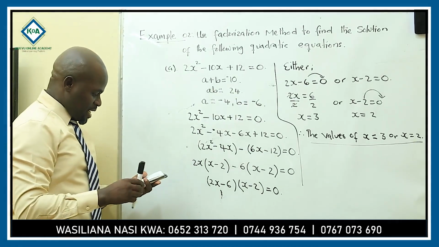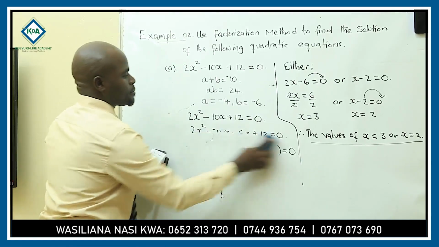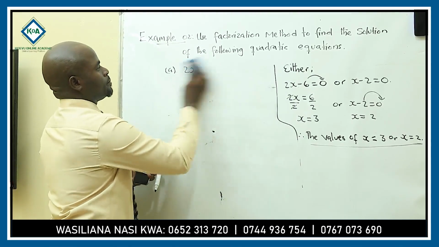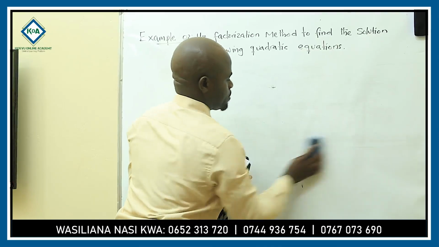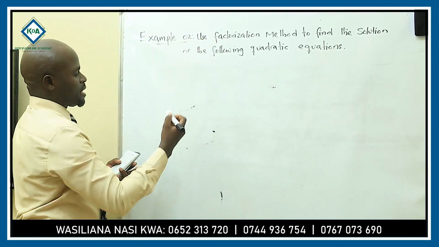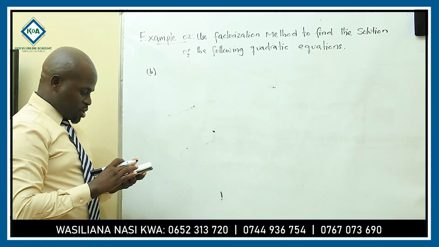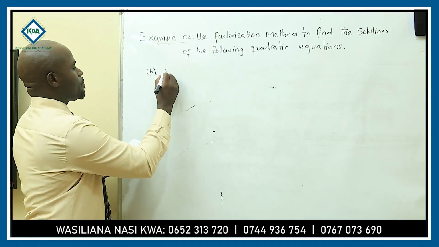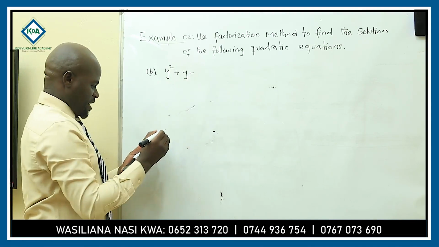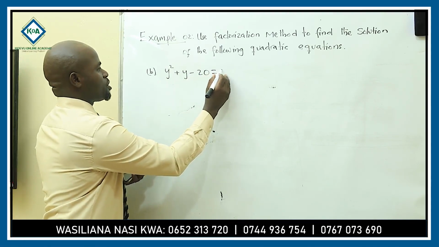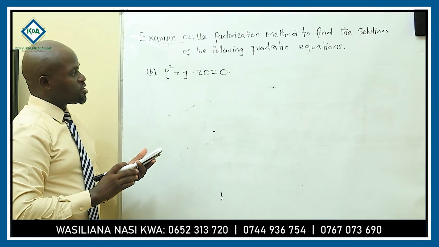Then the second example, number B, is y squared plus y minus 20 is equal to 0.